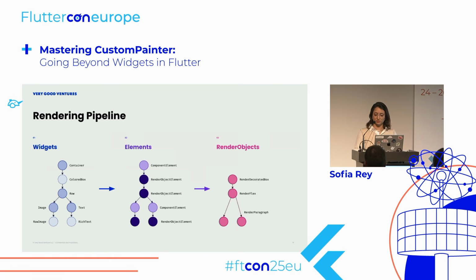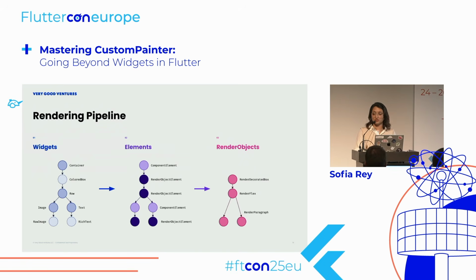Not every element, because we have component elements that just contain other elements, but the render object element will transform into render objects. Render objects are also mutable classes, and they do the actual work of rendering, so they will do the sizing, layout, and painting on the screen.